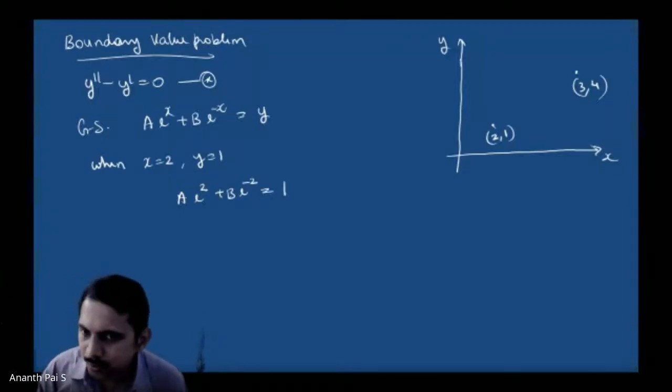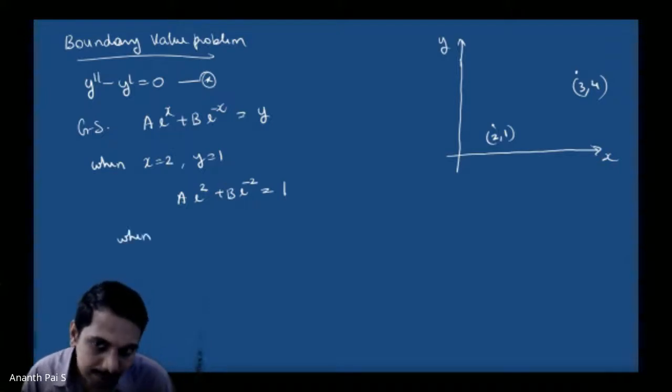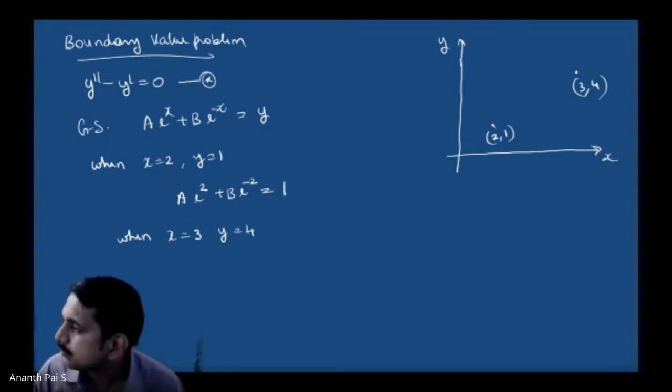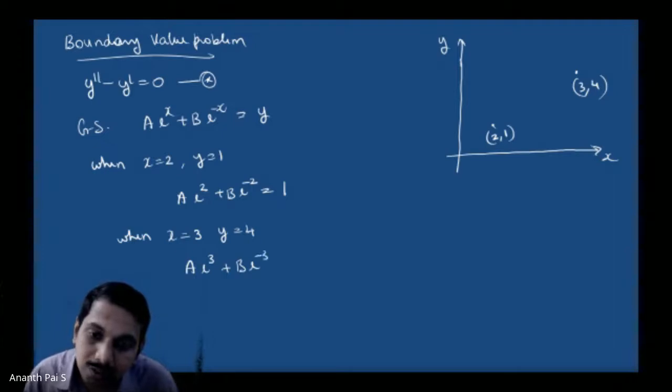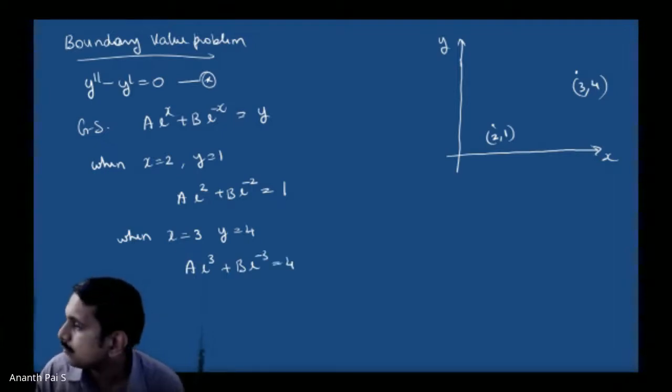First thing, you know e power 2 and e power minus 2. Then when x is equal to 3, y is equal to 4. So what you get, a e cube plus b e power minus 3 is equal to 4.